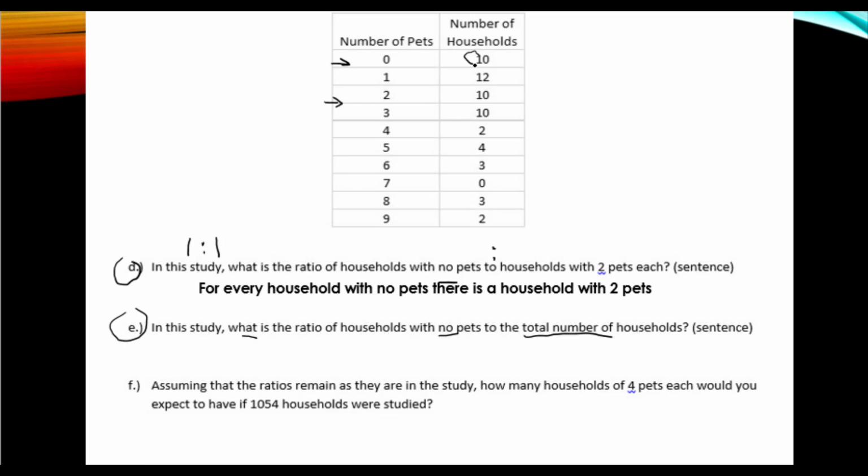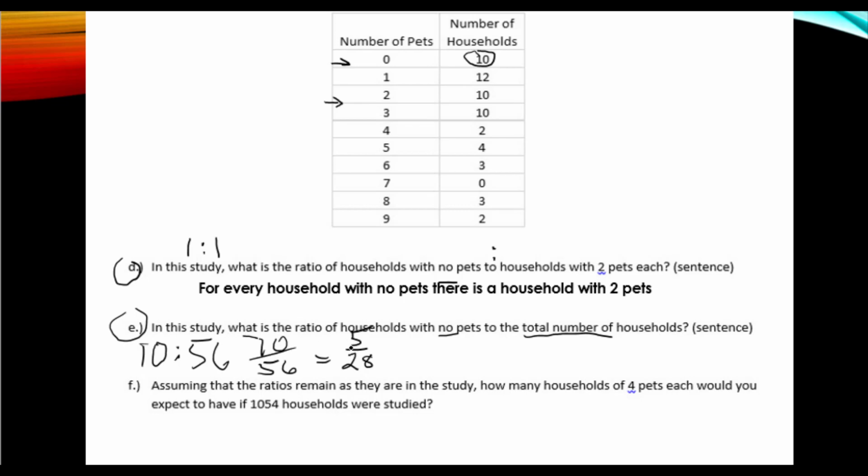There are 10 households with no pets, so that would be 10, and if you go back to the previous page, our total number of households is 56. Or you can write it 10 to 56. You could reduce it, though it didn't say to. That would be 10 to 56 divided by 2, which is 5 to 28. Same ratio.